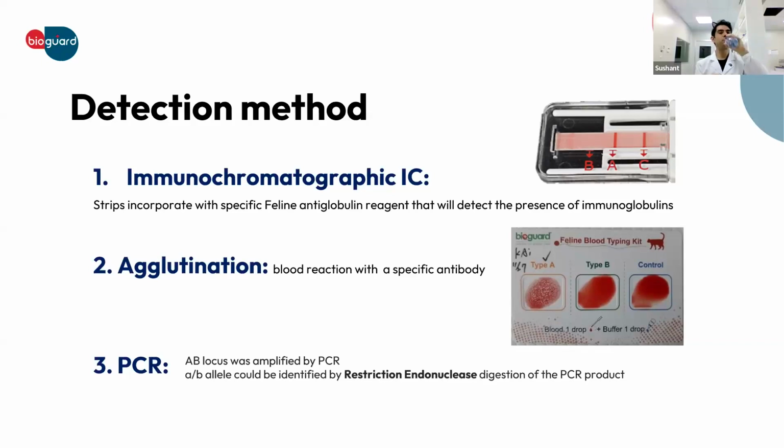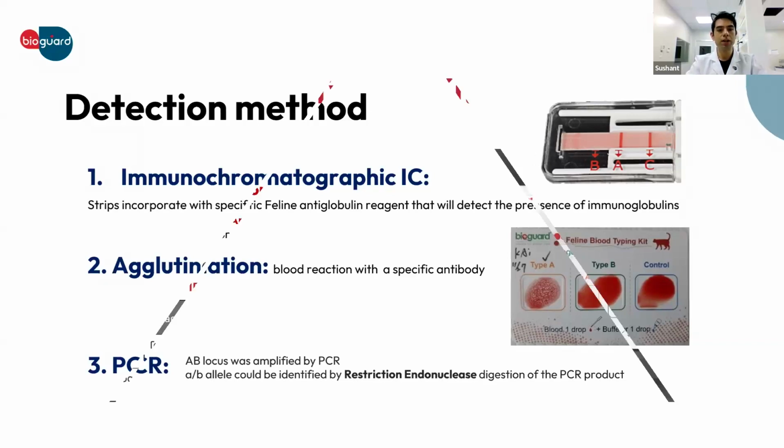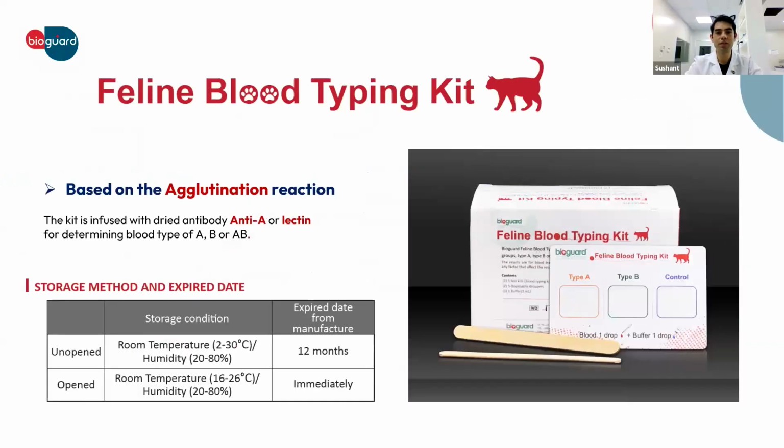In different species where you see diversity, these tests are effective to correctly identify the blood groups. So let's talk about the feline blood typing test in more detail, especially the agglutination test, where I would like to introduce you and give you a demonstration of our feline blood typing kit, which is one of the most liked products by veterinarians in Taiwan and worldwide.